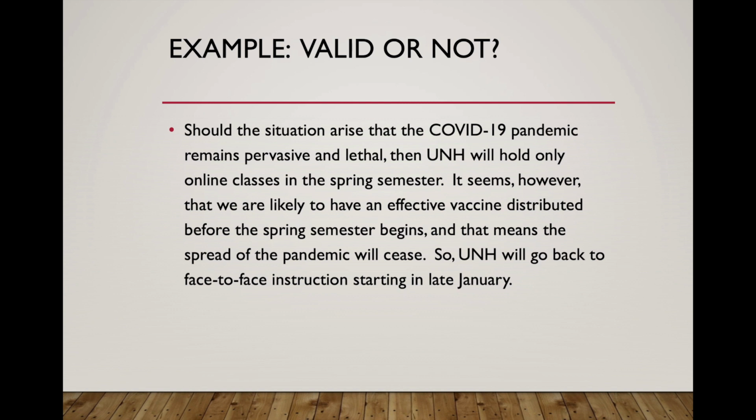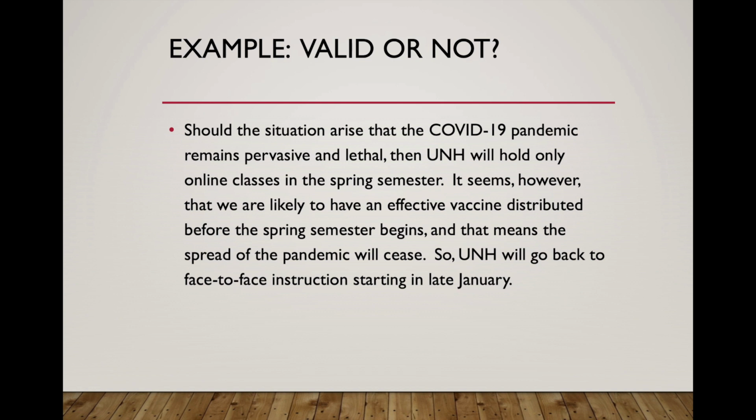Now, that would be great news. However, we cannot conclude with certainty that UNH will go back to face-to-face instruction starting in late January, because the form of the argument is invalid. In this case, it commits the fallacy of denying the antecedent.